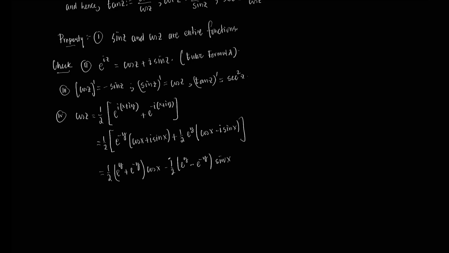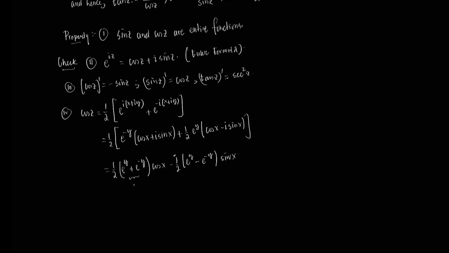Now, from the real part, if you remember, that is cosine hyperbolic y. So you can write it as cosine hyperbolic y cosine x minus i sine x sine hyperbolic y.